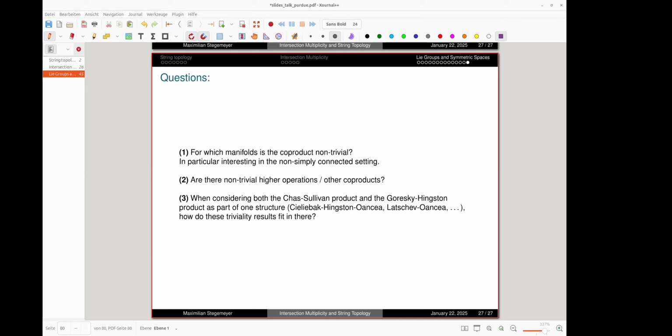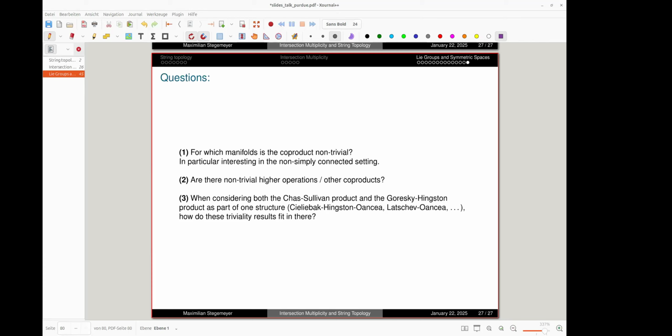To make Goresky-Hingston into a cohomology operation, you had to mod out by constant loops. And you're saying if it's 0, I don't have to. Well, that's the whole point. And then you get this bigger structure on the thing where you don't mod out. So stuff like that is interesting. Maybe Manuel can send you his papers or our preprint or something like that.